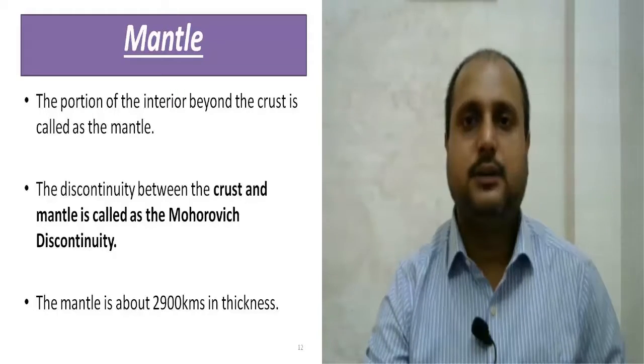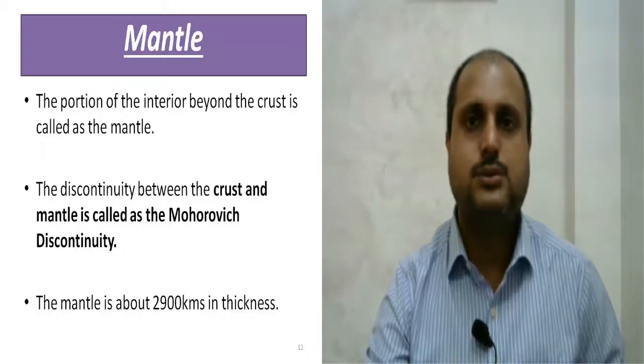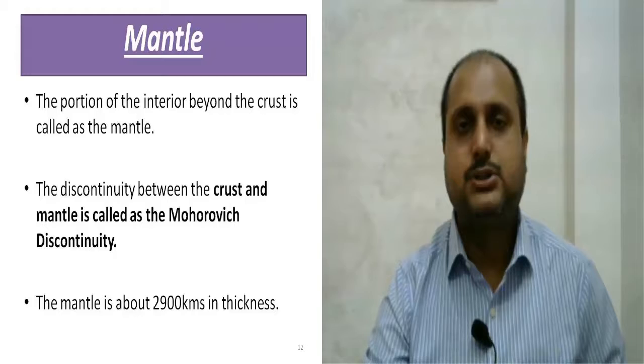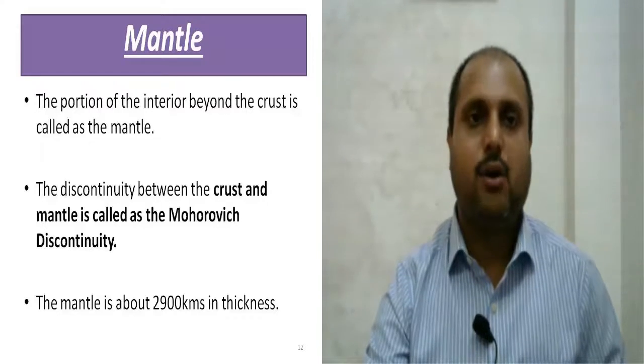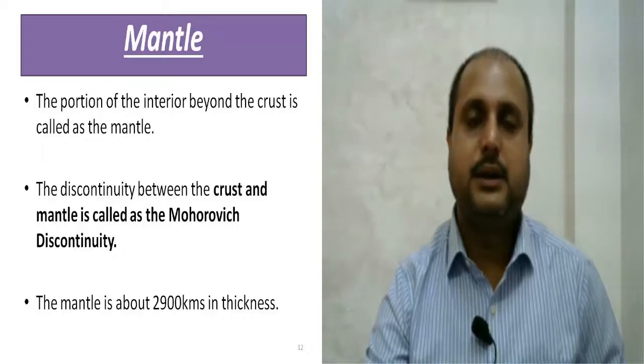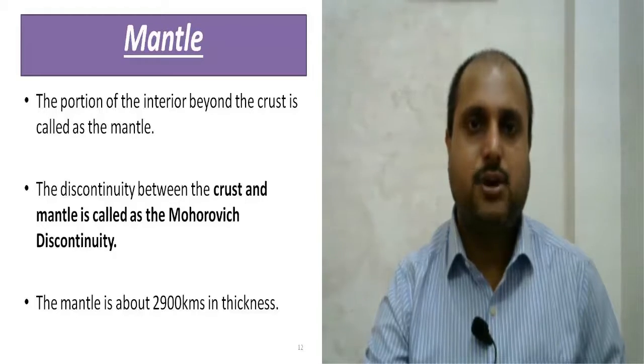You already know that our earth is composed of 17 major and minor plates, and these plates keep on floating on the mantle, which is in a liquid state.